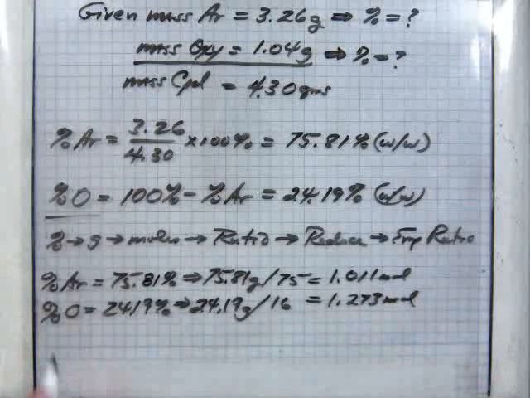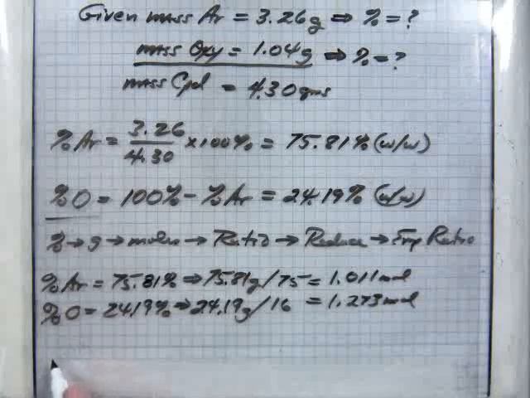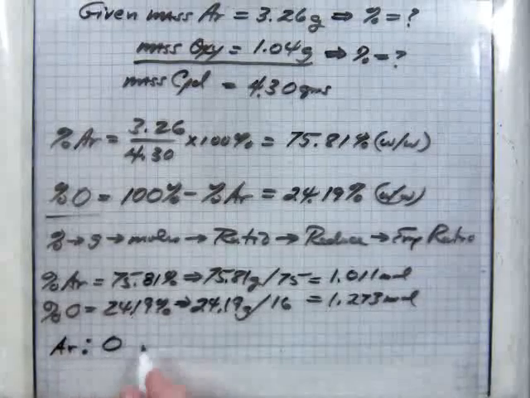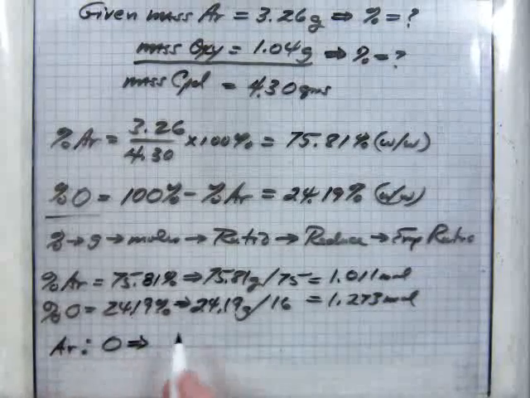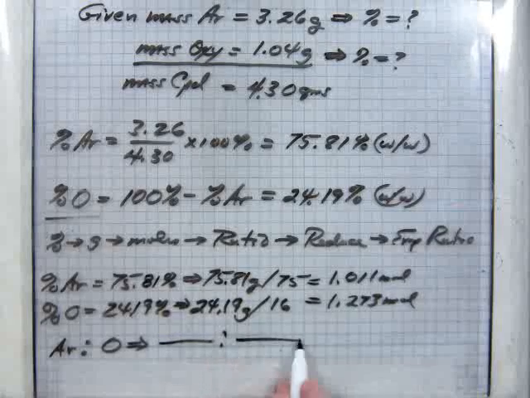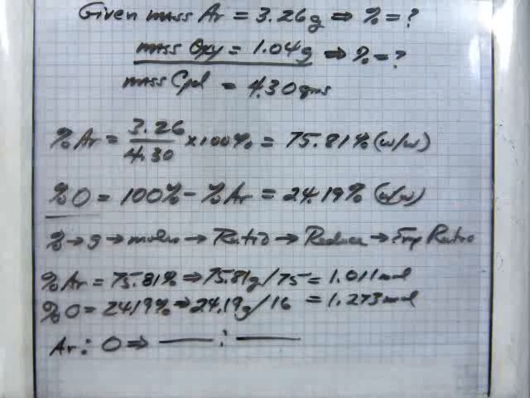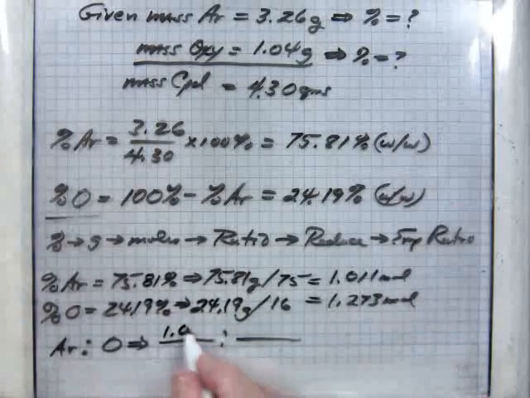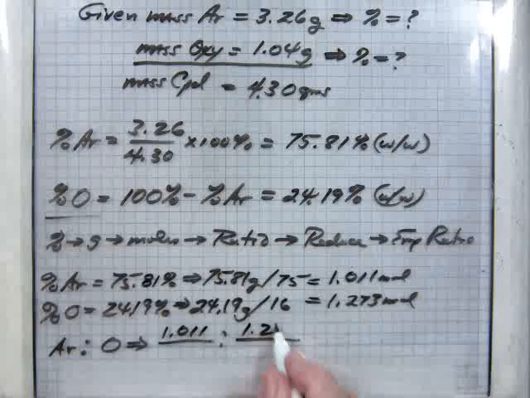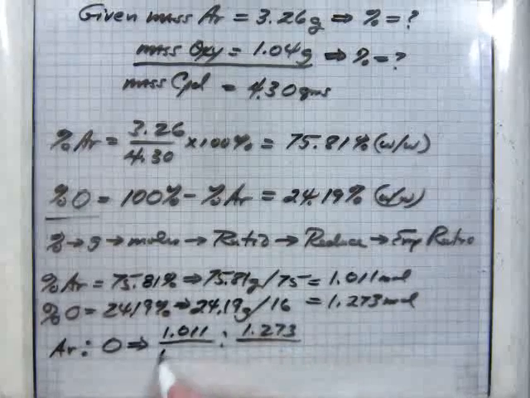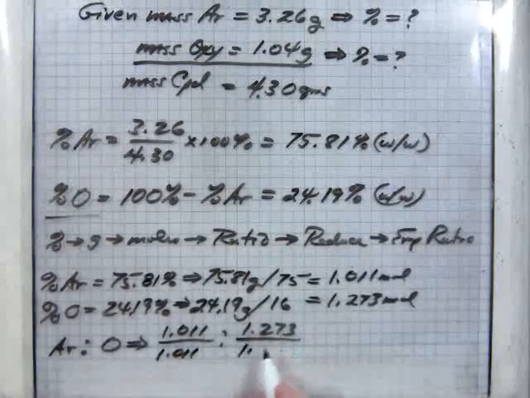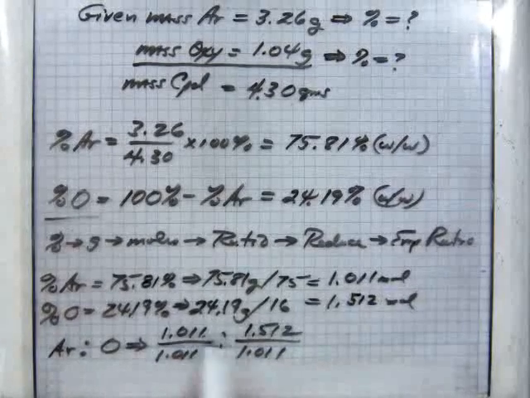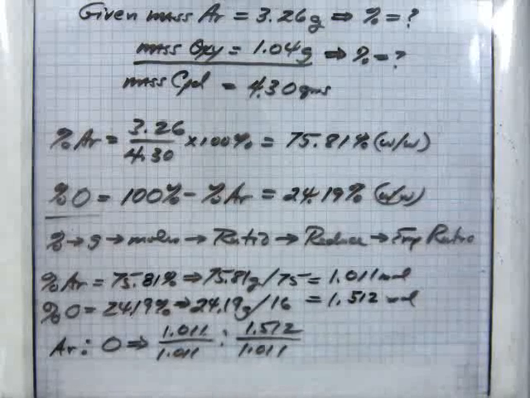And so since we have just 2 elements in our formula, we want the ratio of arsenic to oxygen. We put 2 blanks like this, and we take the moles and put them on top, and divide by the smaller of the 2 numbers. Okay, we made the correction here on the oxygen. Sorry about that.